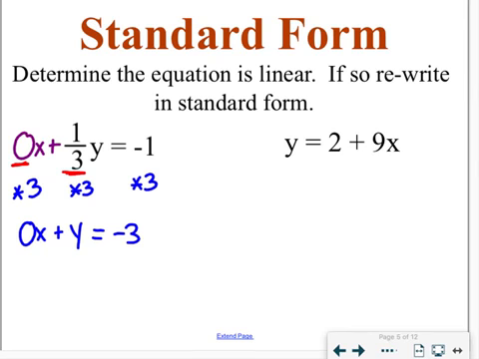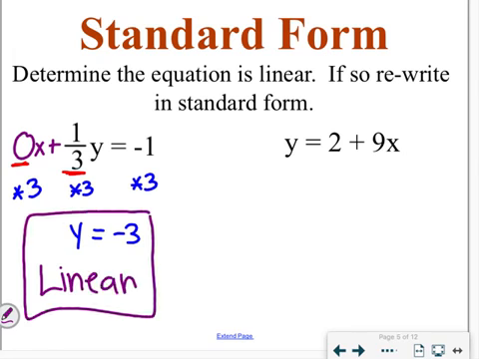So what my equation is actually saying right now is y is equal to negative 3. So I don't have to worry about a. B exists, so we're okay there. I now have no fractions, and a, b, and c can't be divided by the same number. 1 and negative 3 can't be divided by the same number. So this is a linear equation, and there is its standard format.